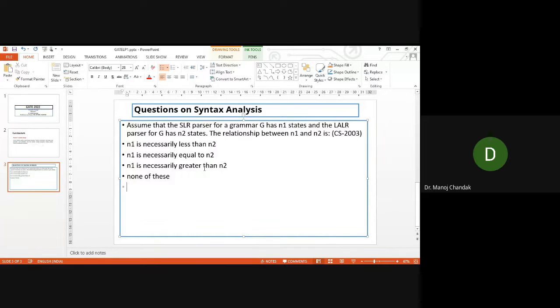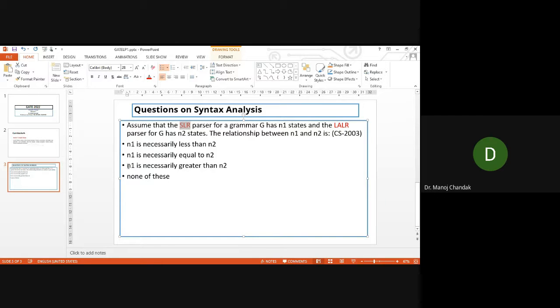SLR is simple LR, and LALR is nothing but look ahead LR. See, LALR is optimized, and SLR is not optimized.